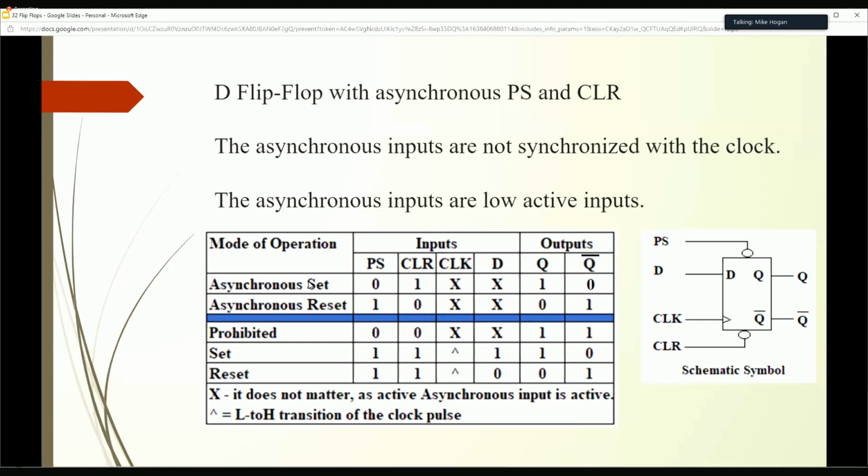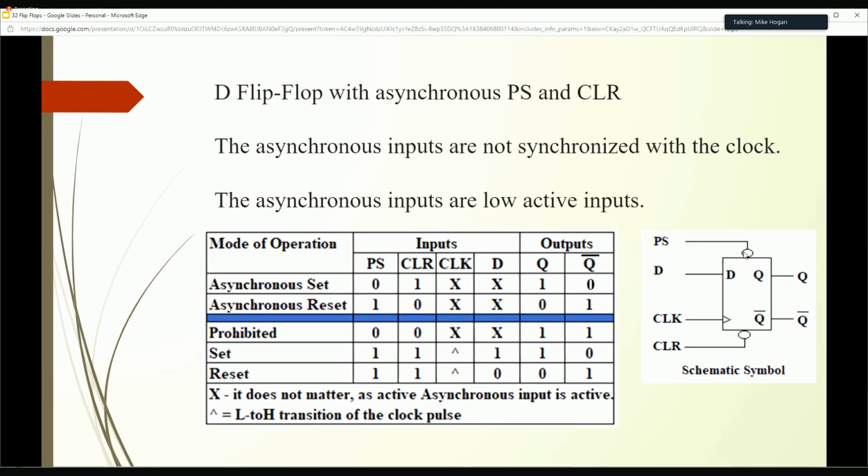So if we look at those 2 first, let's just take a look at preset and clear. Once again, notice we've got our state indicator on this input. What that tells us is what is the active status. What input do I need in order to activate this input?